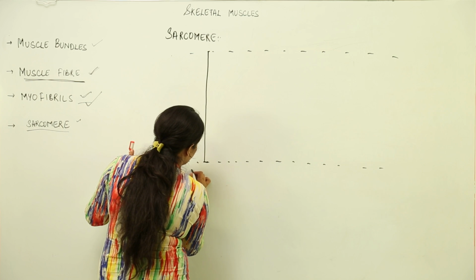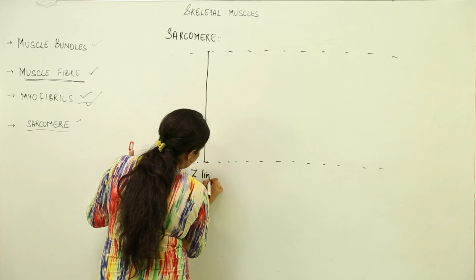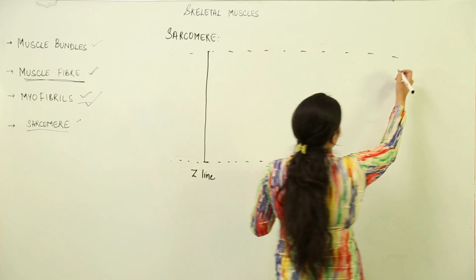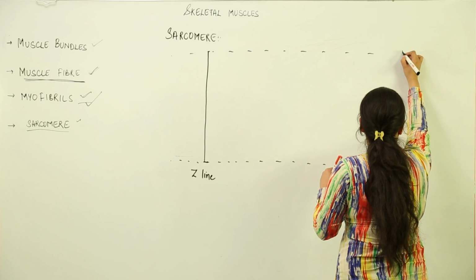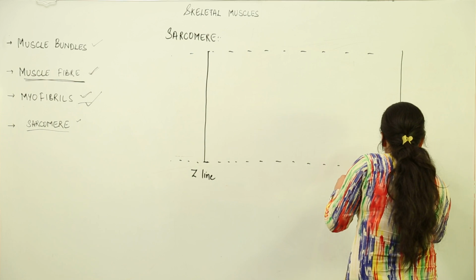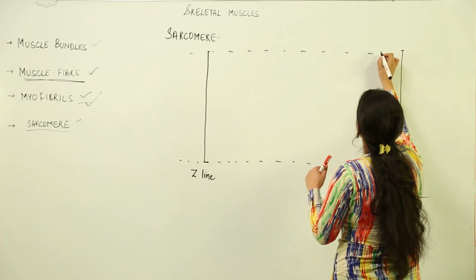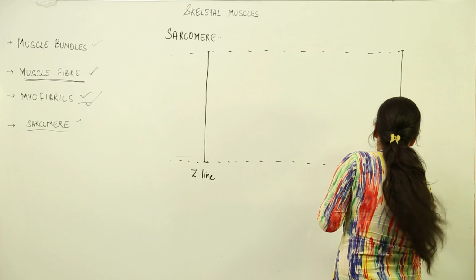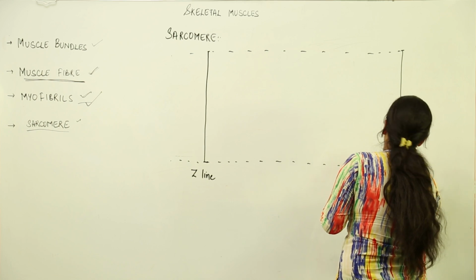So for understanding the sarcomere, first of all, there is a membranous line that is known as the Z line, and another Z line. The region between two Z lines is termed a sarcomere. That is the first thing you need to remember.